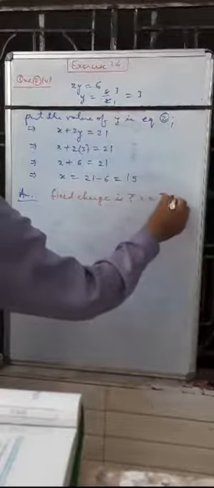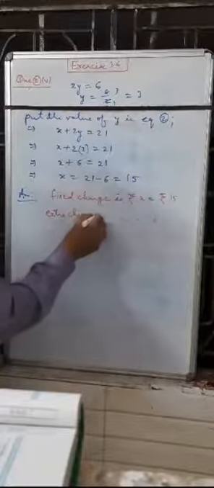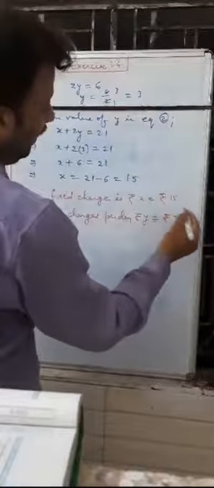Fixed charge is rupees x. So rupees x is equal to rupees 15 for 3 days. For 3 days the charge is that, and extra charges per day is equal to rupees y. So rupees y is equal to, we have calculated, rupees 3 per day.